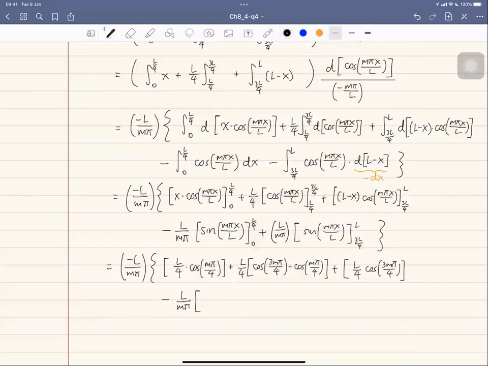So it's just going to be sine m pi over 4, plus L over m pi again, and sine, when I plug in L down there, yeah, we'll keep both terms first, but the next step will understand that the first term will go away in here. Over 4. Okay, close our brackets.